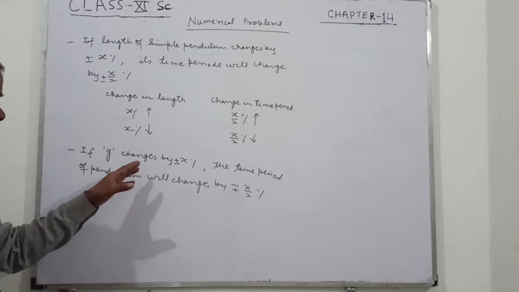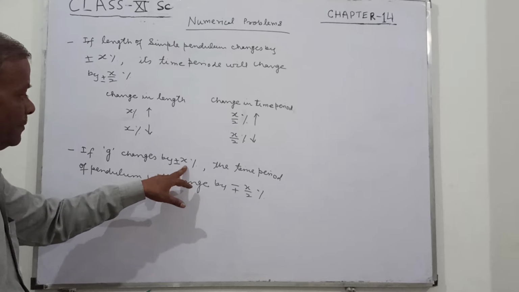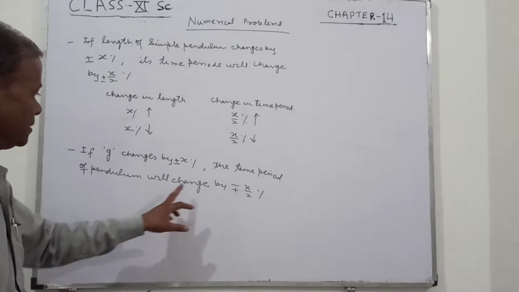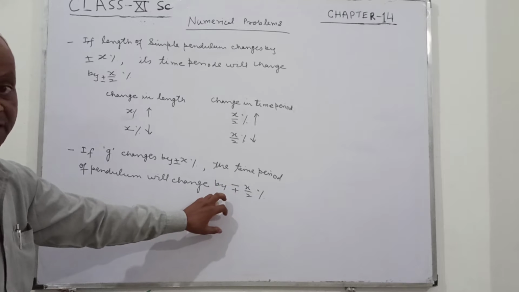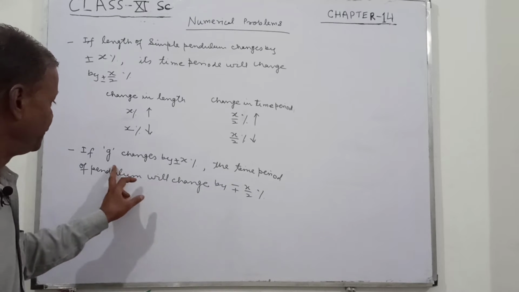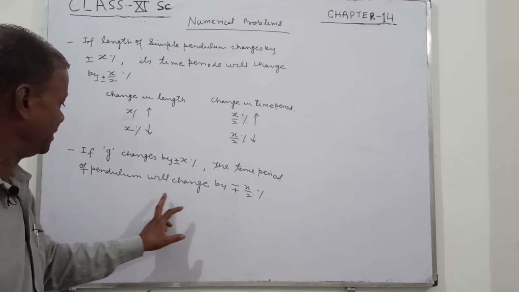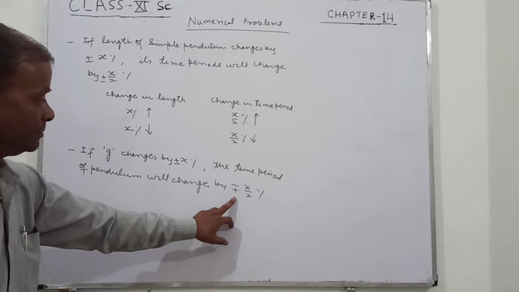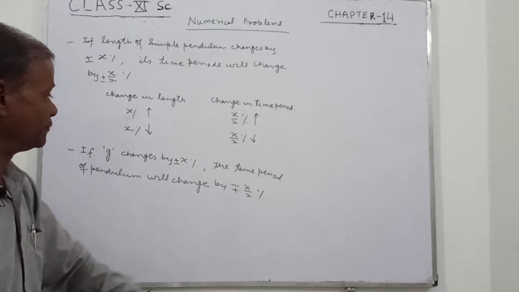What does it mean? That if suppose G increases by x%, then the time period will decrease. Minus sign is for decrease by x by 2%. If G decreases by x%, then time period will increase. Plus is for increase, x by 2%.